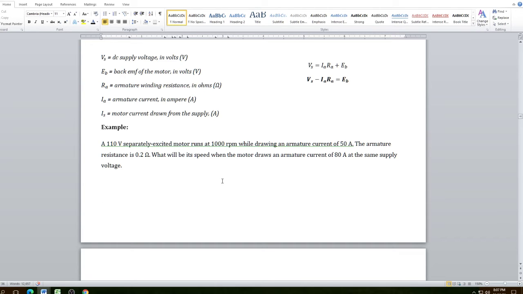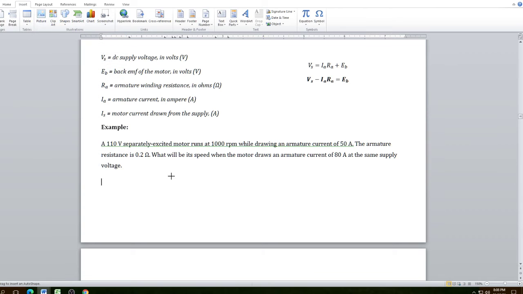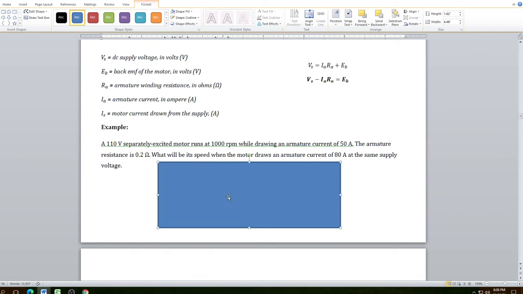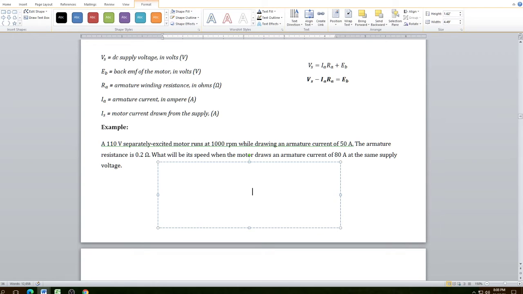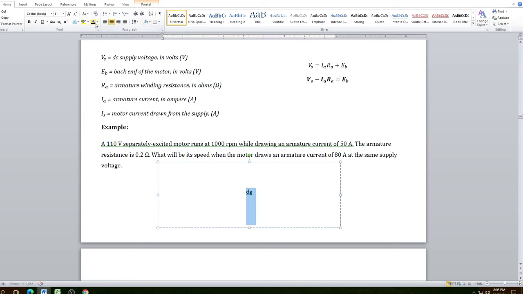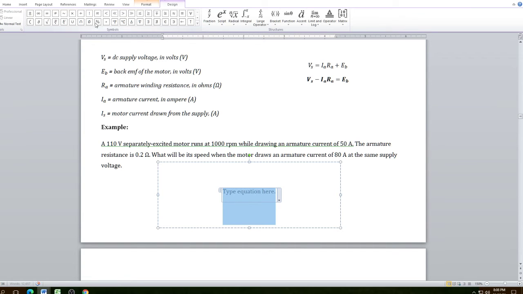Solution, for the separately excited DC motor: we first get the back EMF.